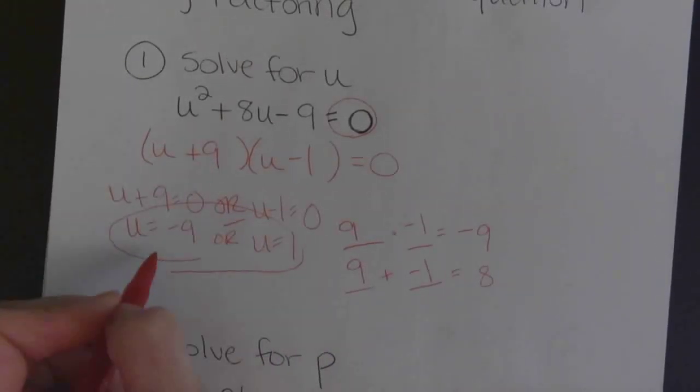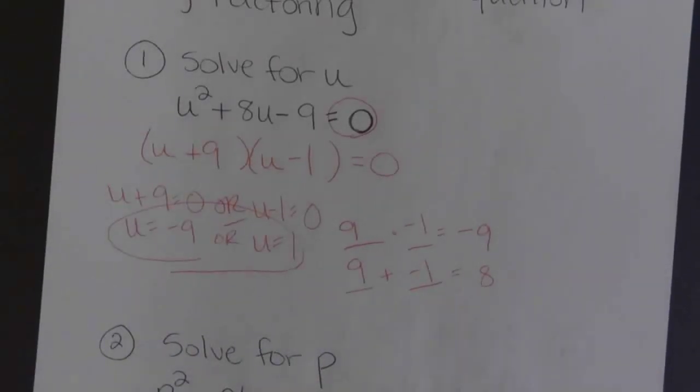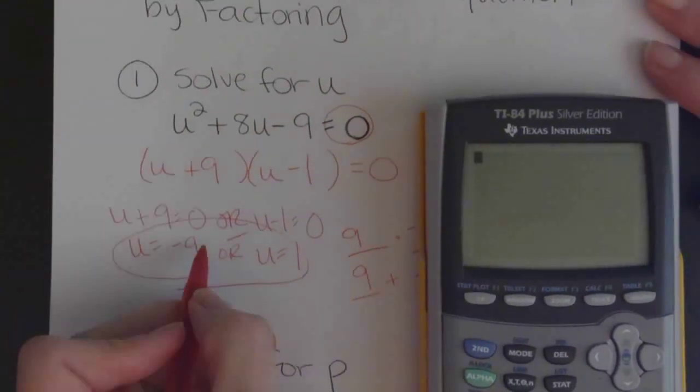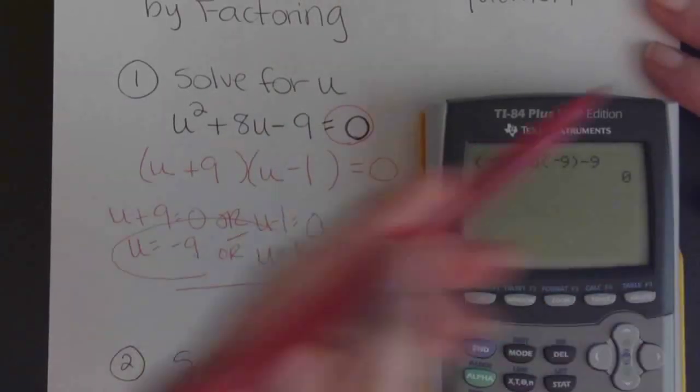Now, if you want to check it granny style, let's plug them in. If I put -9 in here, let me grab my calculator just to save time on the video. Remember, I'm replacing the u's with -9. So parentheses, -9 squared plus 8 times -9 minus 9.